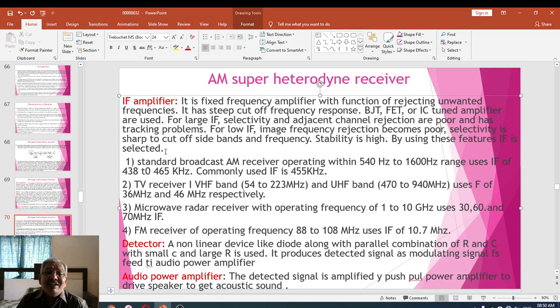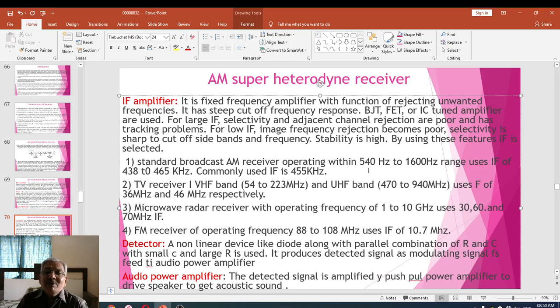Now some standard IFs used in practice. The AM superheterodyne receiver, which generally operates within the frequency range of 540 kHz to 1600 kHz, uses an intermediate frequency in between 438 and 465 kHz. Students, please remember these data. It is very important.